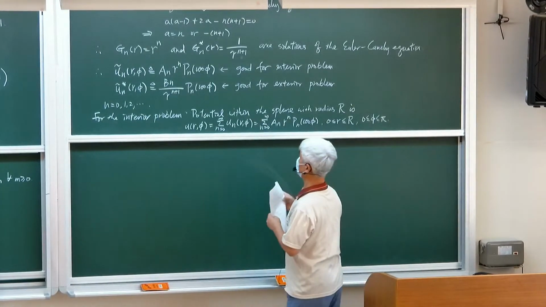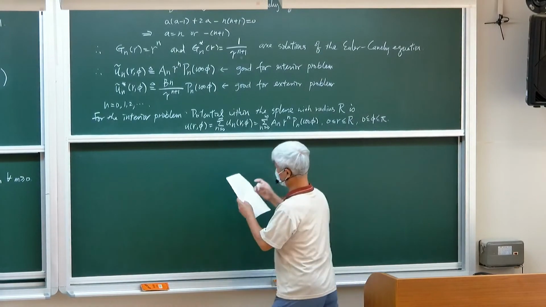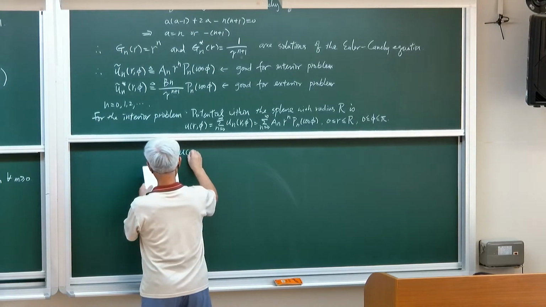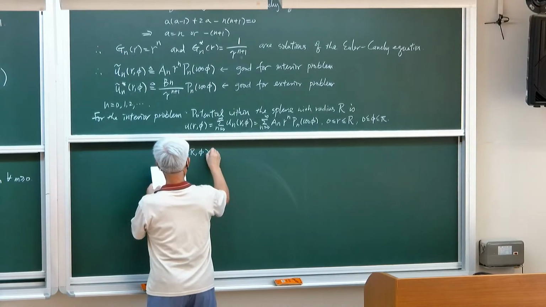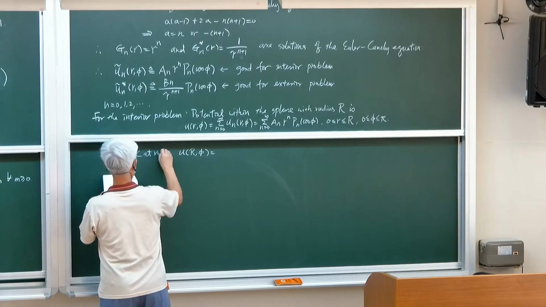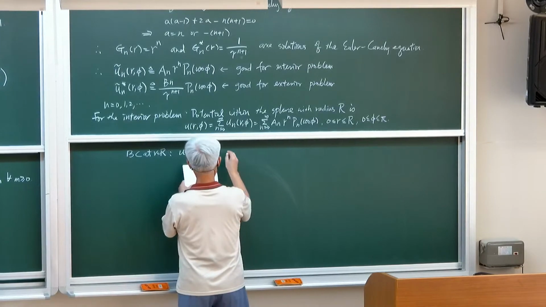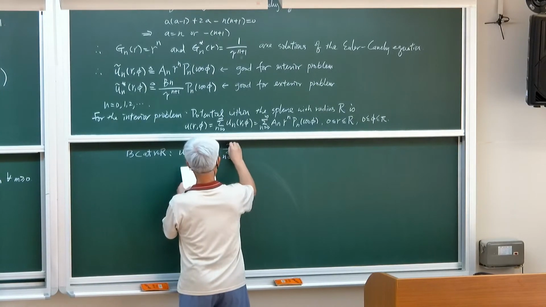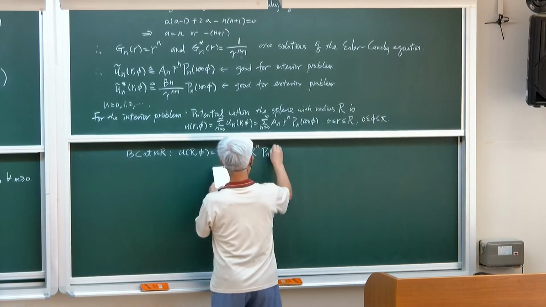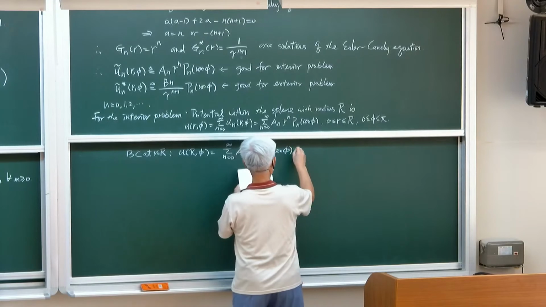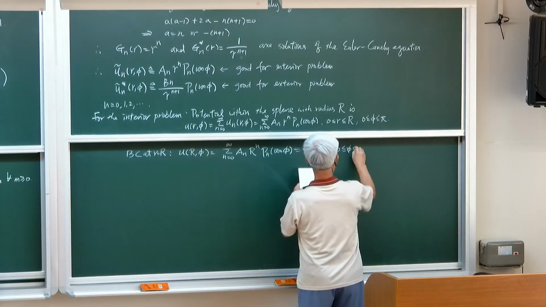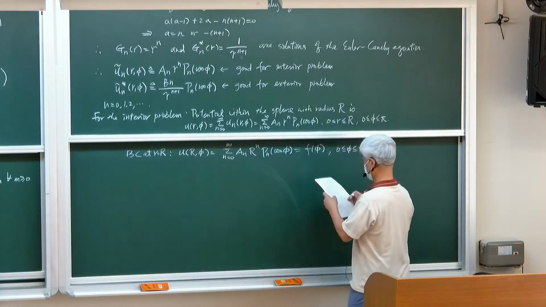Okay, I think I have to stop. But let me write down the boundary condition. The boundary condition at r equal to R is the sum of A_n R^n P_n(cosine phi) equal to f(phi).